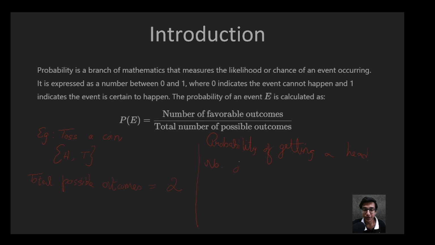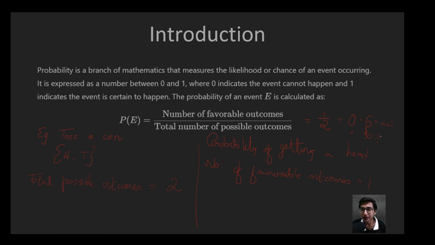So number of favorable outcomes would become 1. And so if you apply this formula here, what would be your answer? 1 by 2. And so this is of course 0.5. And if you try to convert it into the percentage formula, you simply just have to multiply it by 100% and you get 50% as your probability.